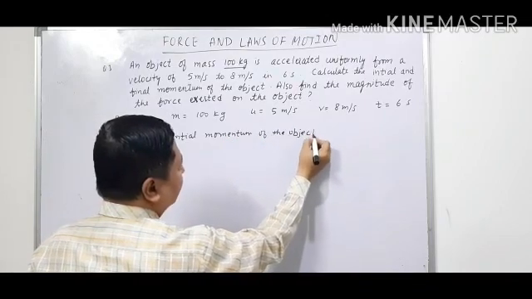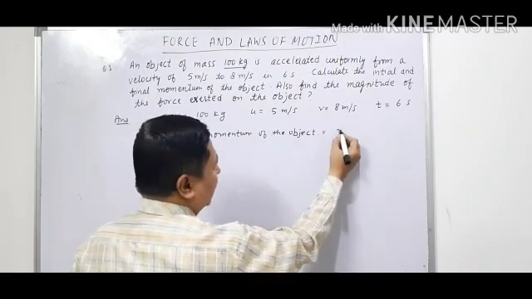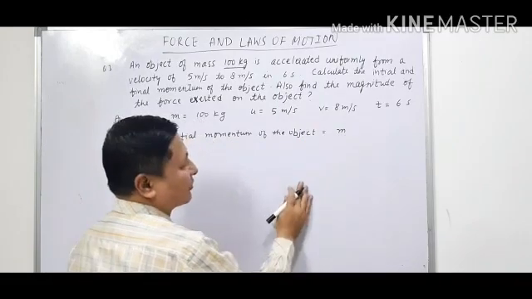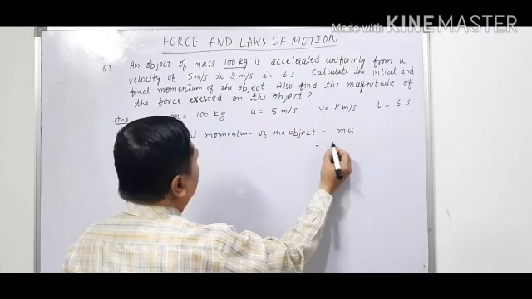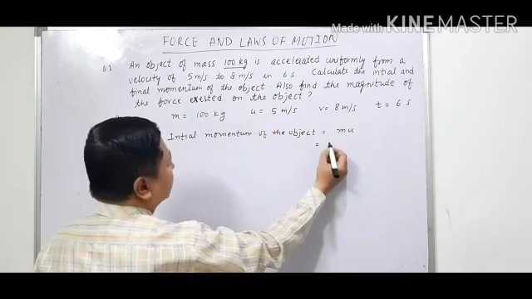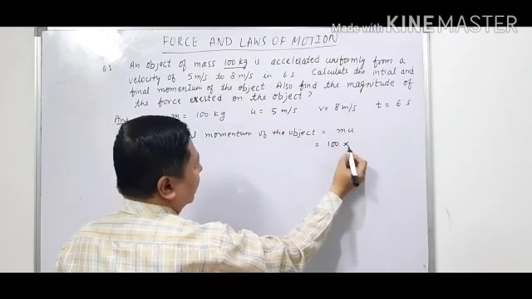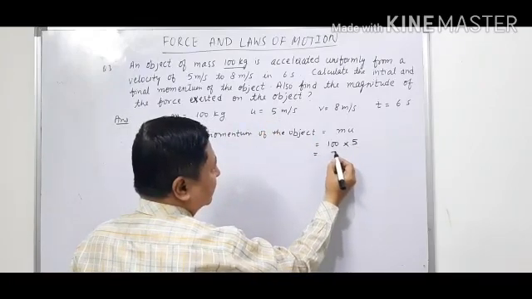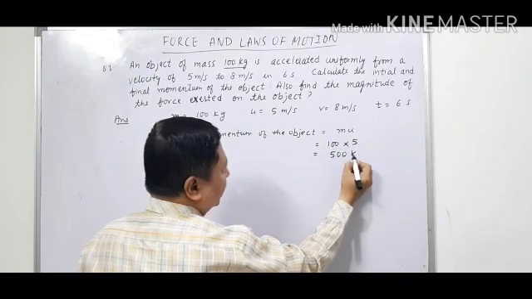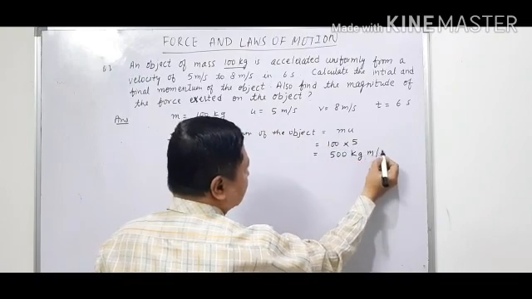That will be given by the formula m, that is mass, into initial velocity u. Mass is 100 kg and initial velocity is 5 meter per second. So that means this is 500 kg meter per second.